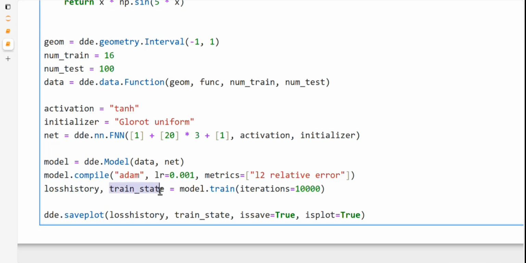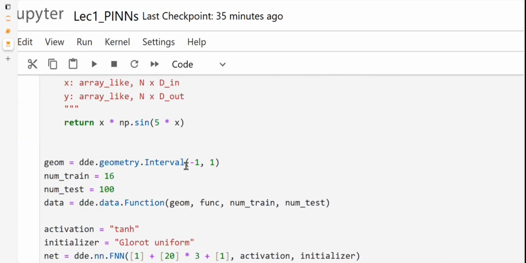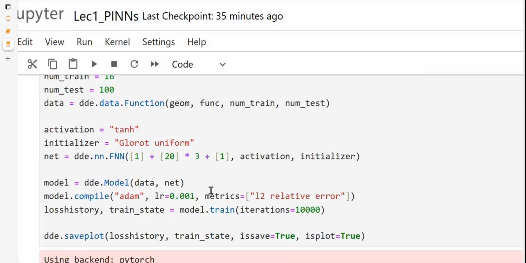And the train state, it will give you these two things over here, and so on. This is regarding the graphs. So I run this code. This is very simple code. I run it. It is taking some time.